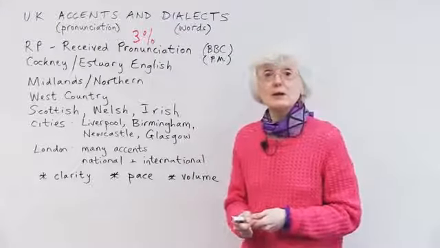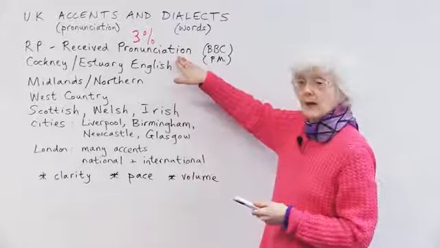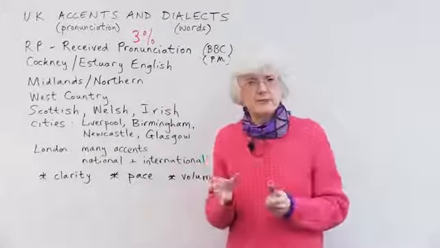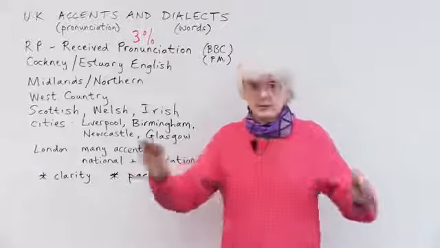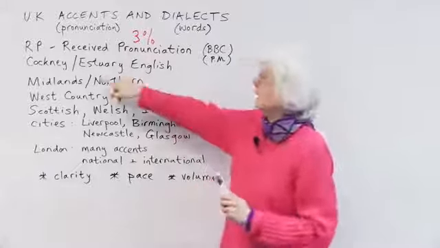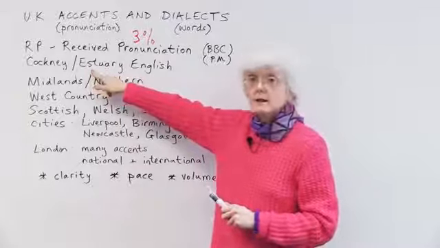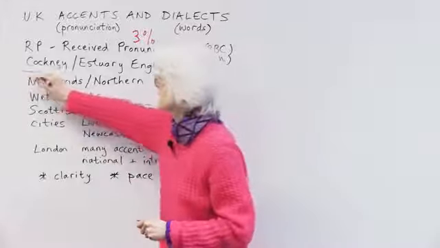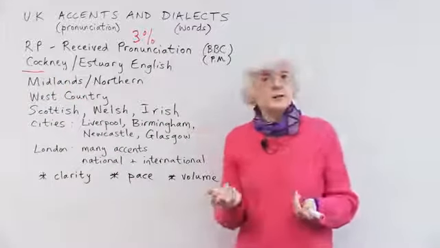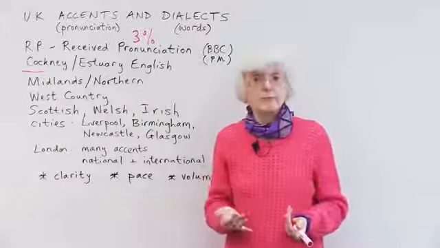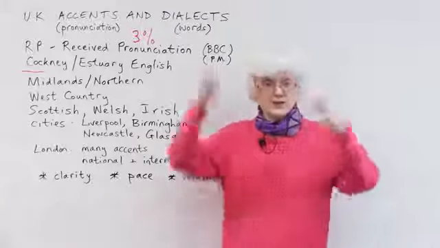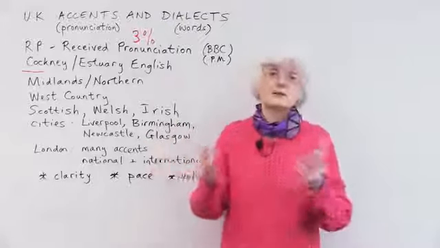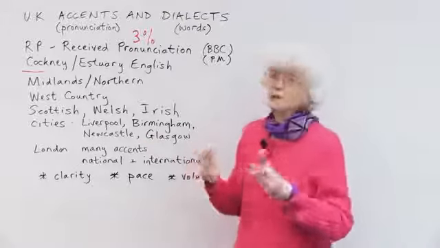Okay, so moving on, RP, as I should have said, is mostly in the south of the country, London and the south. So also Cockney and Estuary English are in the south. Okay, so Cockney is the local London accent, and it tends to spread further out to places like Kent, Essex, other places like that, Surrey.